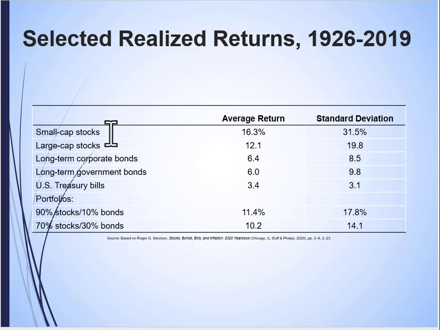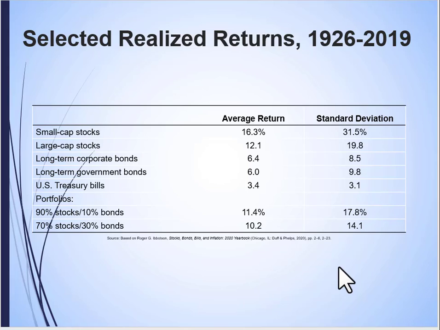Now, small stocks averaged around 16.3%, but had a much higher standard deviation. The point we're trying to make with this graph is that as we go up the column here, we're getting higher and higher returns, and for the most part, we're also getting higher and higher risk.